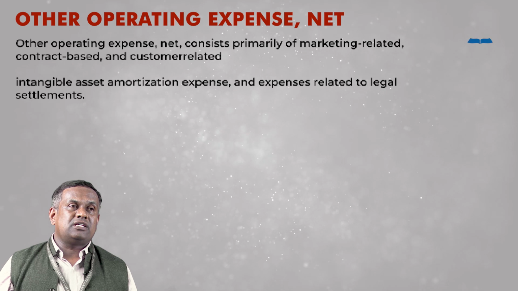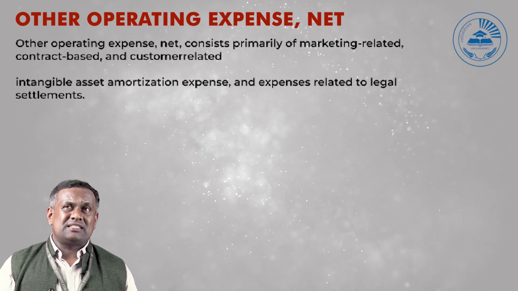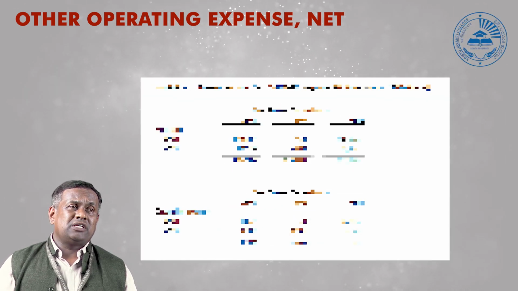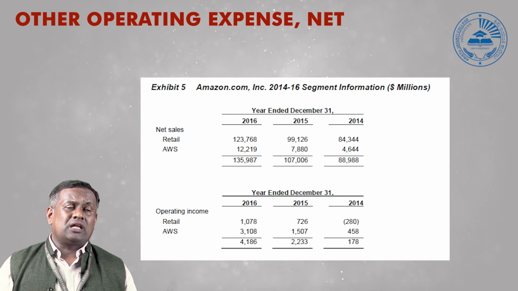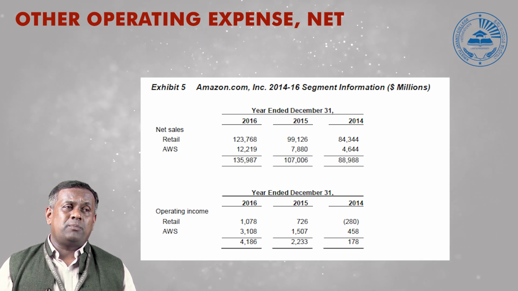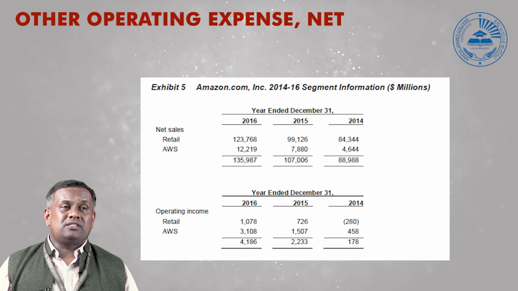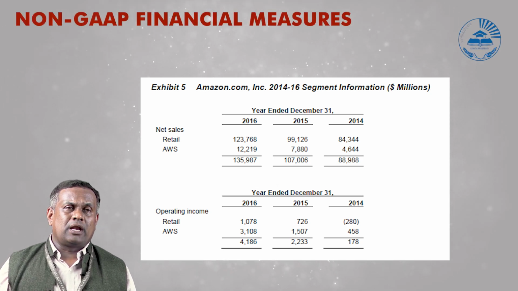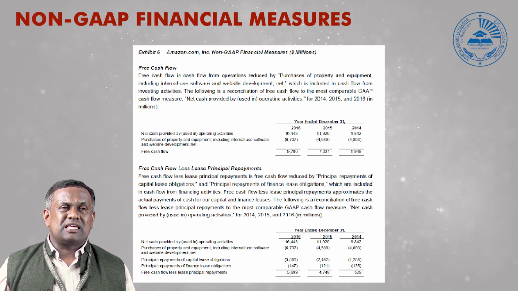Here are the net sales, the retail, the Amazon Web Services, and the operating income through the retail sales or the web service. So these are the many things we have for Amazon. This is the case study.